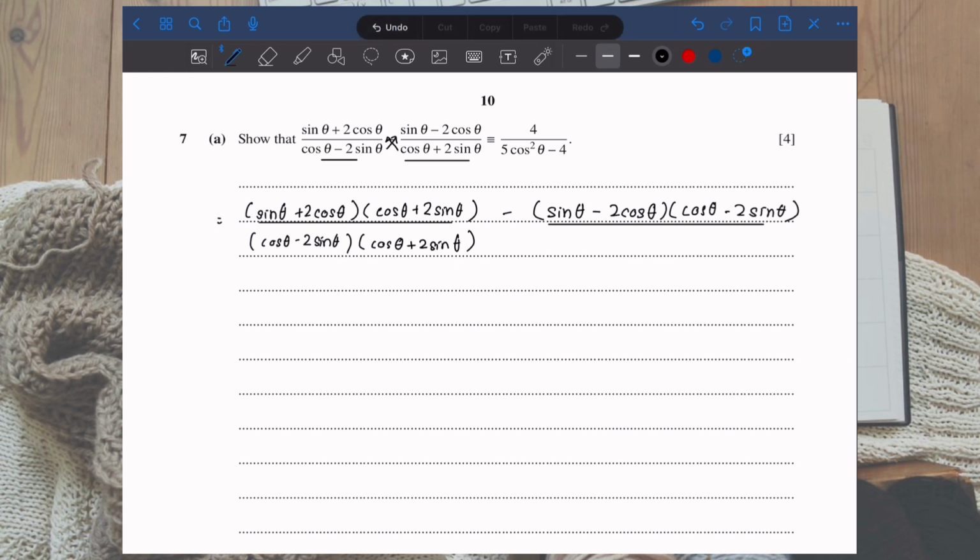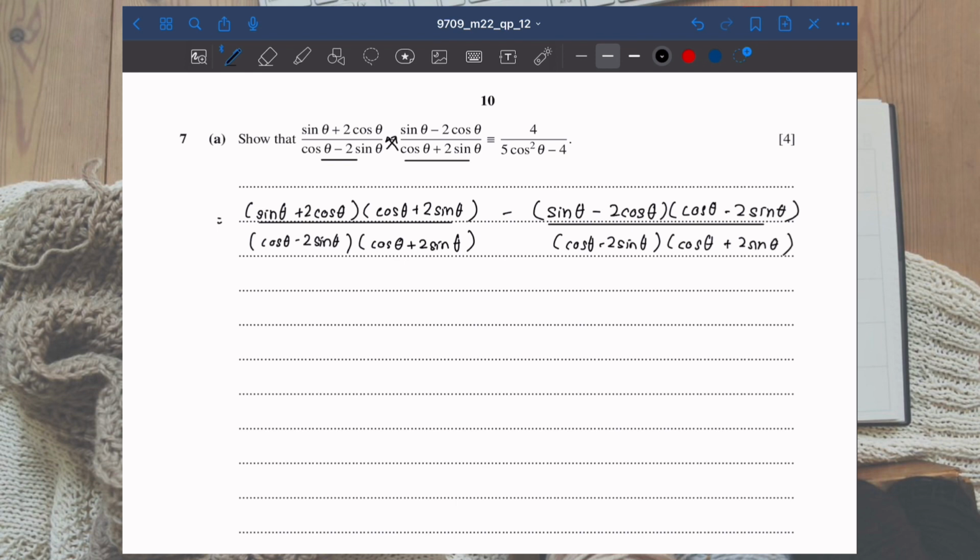So the denominators are now the same: (cos θ - 2 sin θ) times (cos θ + 2 sin θ).